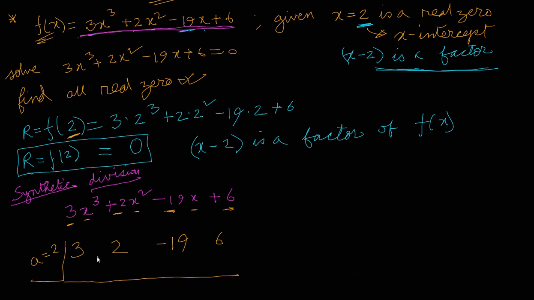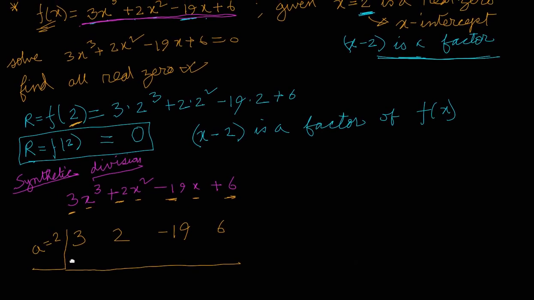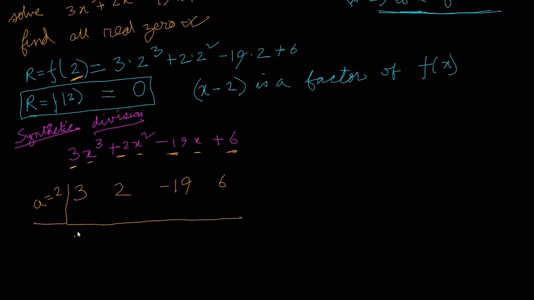Then I am going to take down 3 as it is, and multiply 3 by a, which is 2. So 3 multiplied by 2 is 6, and adding 2 plus 6 gives 8.